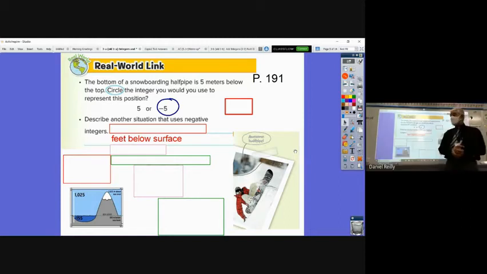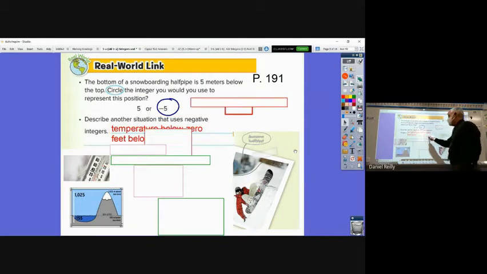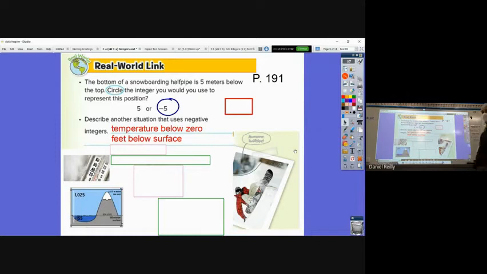Temperature, that's a really common one, right? Because sometimes the temperature is below 0. Oh my gosh, it's 5 below 0. It's -5 today. Why in the United States is -5 really cold, and in Europe, -5 is not really cold? Because they use a different temperature scale everywhere except the United States.